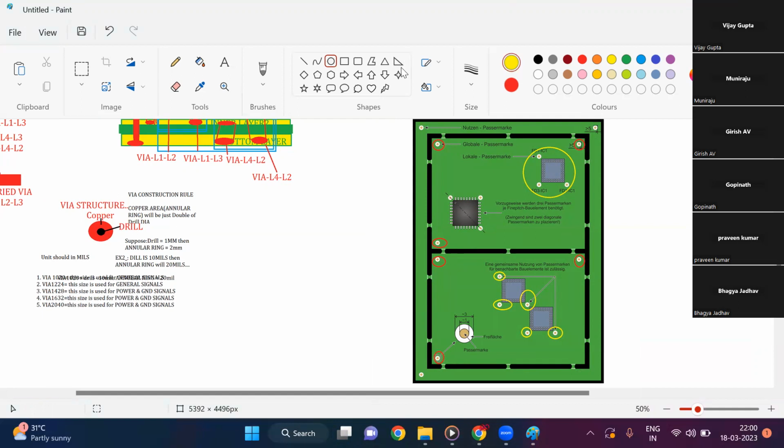Bhagya? Gopinath, any doubt? No, sir, no doubt. Everything is clear. No doubt, sir. Maniraju? No, sir. Parveen? No, sir.